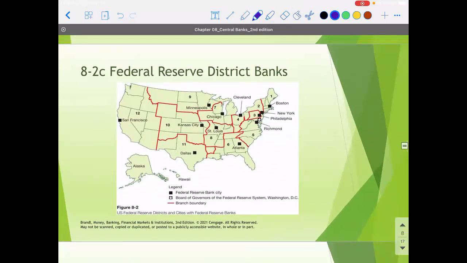Oh, there's a map finally. So what's not listed on here, unlike that other map we looked at, would be the kind of like satellite offices.